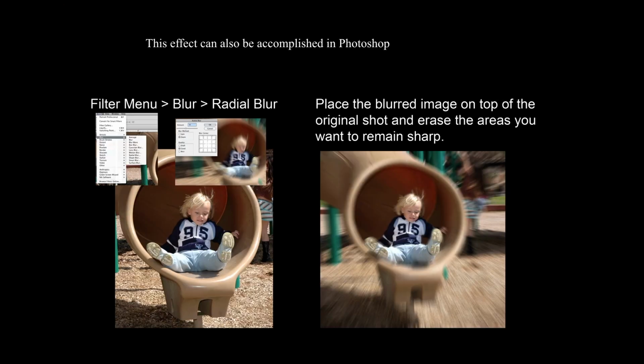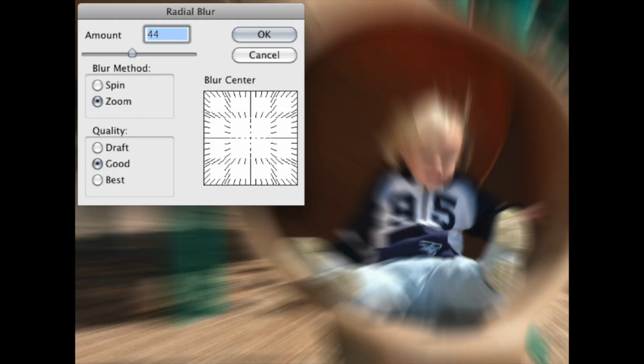Now, if you don't do this on site, you can affect this same kind of look in Photoshop using the radial blur in the filter menu. So you just place the image on the screen, you put the center of the blur indicator where you want the subject to be sharp, and then you apply the blur.